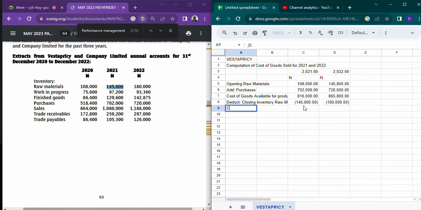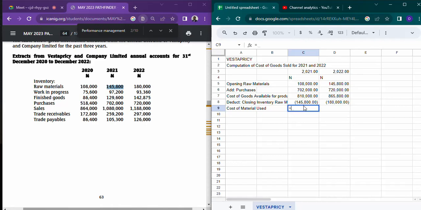Then you now have the cost of material. How much is the cost of material used?